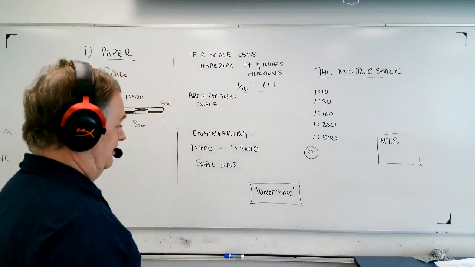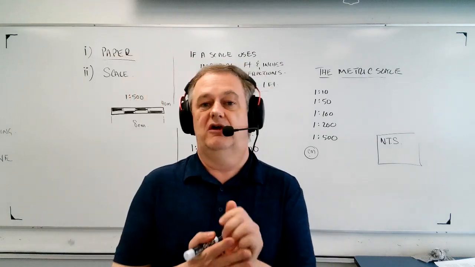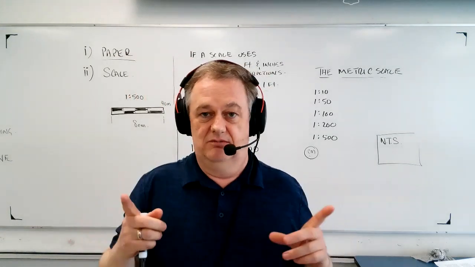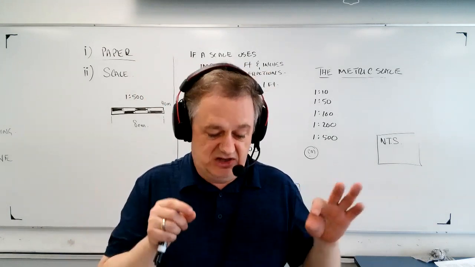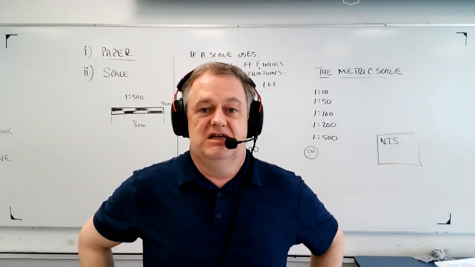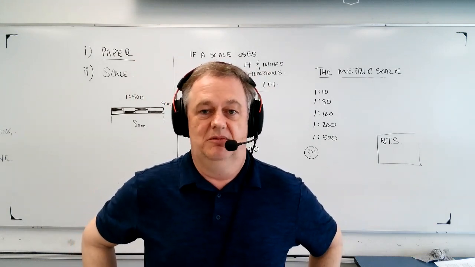So scale is something that we'll need to pay quite a bit of attention to. And when it comes to our sessions, I recommend that you have a ruler. A see-through one is nice, because then you can set it up and still see the lines through it. We will be doing, in some cases, a little bit of scaling.